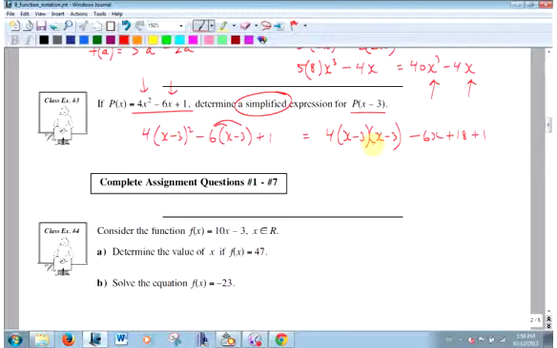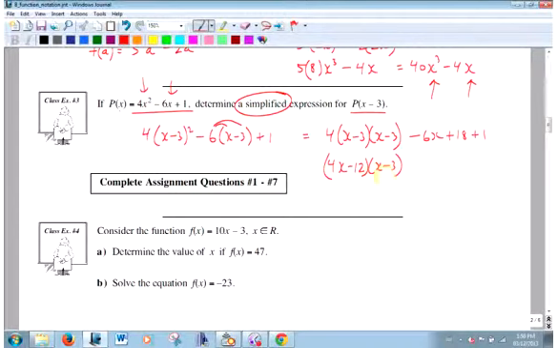Do we want to FOIL that first, then multiply everything by 4, or do we want to get rid of that 4 first? I think last time I FOILed it, so let's do it this way. I want to get rid of that 4. I want to tuck it inside the brackets. Don't do it to both, just do it to one. So that's 4x minus 12 times x minus 3.